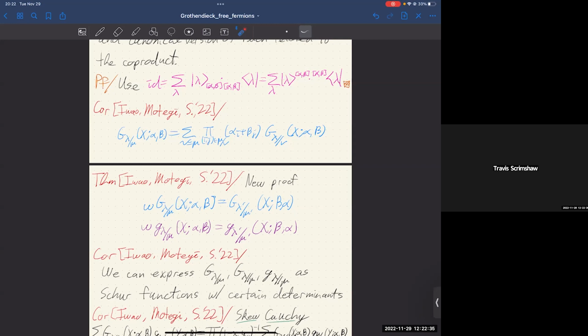We're taking the little g's to be positive sums. So we're not even technically positive for the big G's, but since the little g's are positive in multi-Schurs, at least in this special case they are, but I don't know in general.